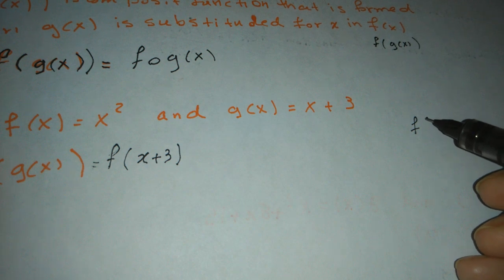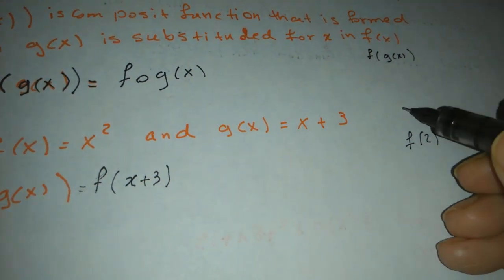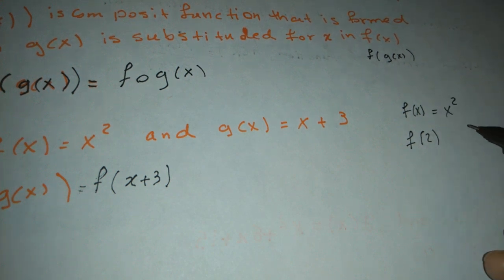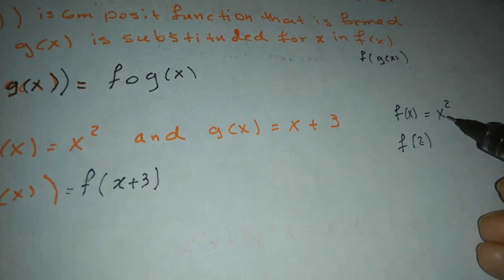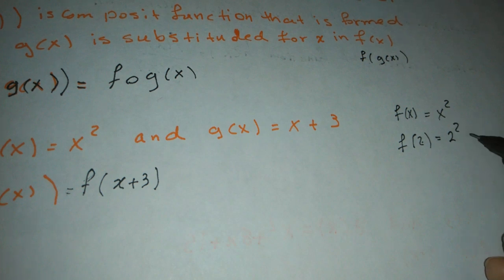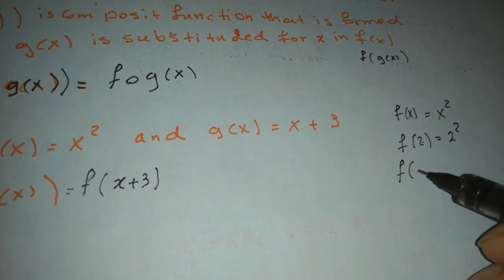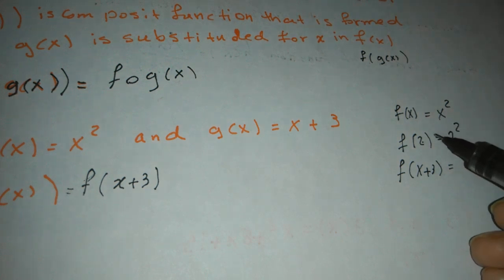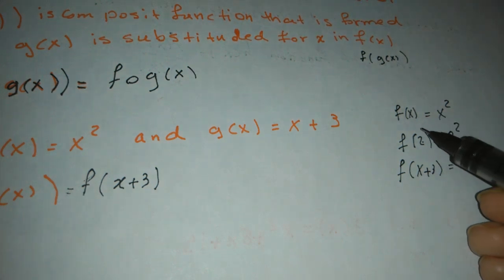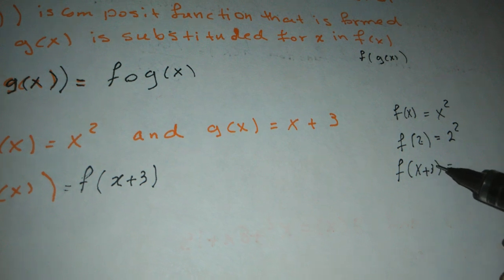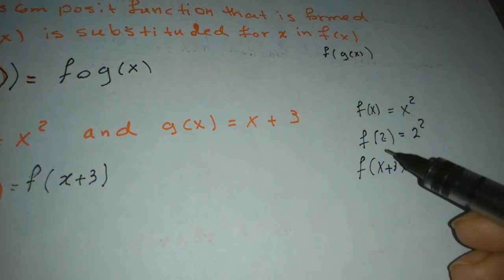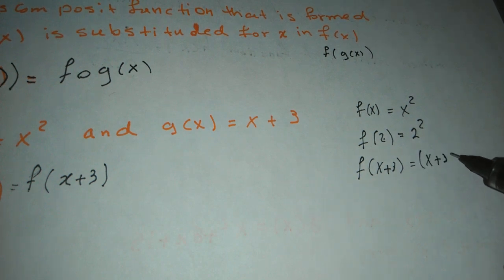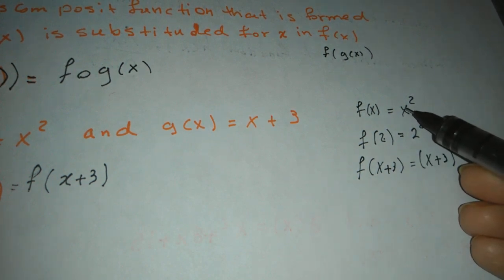I just want to put aside something. Let's say if I want to find f of 2, right? f of x is equal to x power 2. What do you do? Of course, instead of x, you put 2. Now I want to find f of x plus 3. You do the same thing. Instead of the x, I have to put x plus 3.